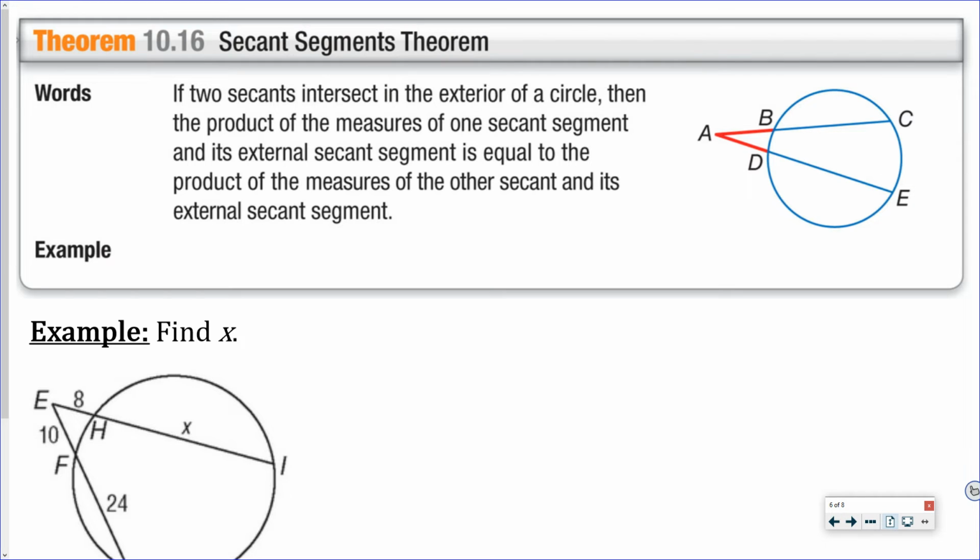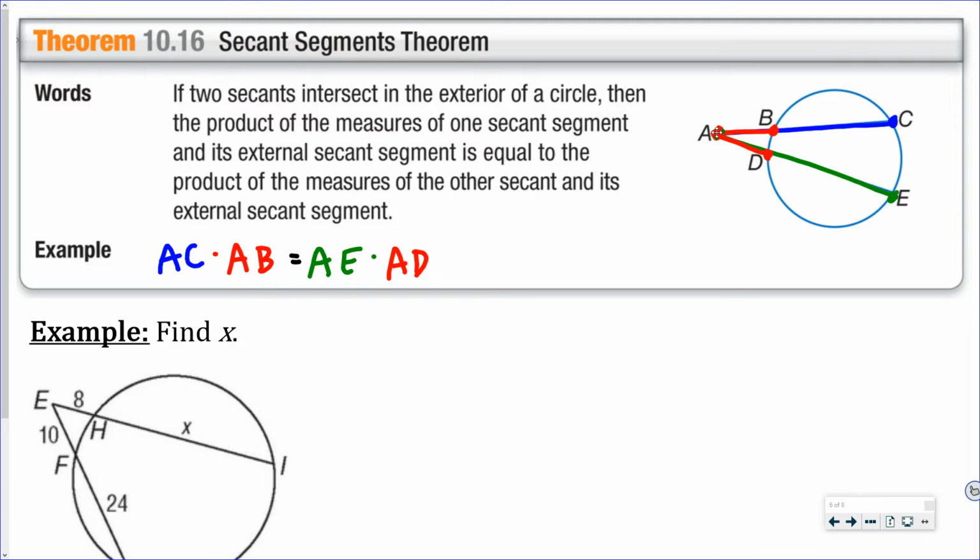So now this theorem says if they intersect outside the circle, the entire secant segment, so AC, and the product of the external piece, so AB, will be the same as the other secant segment. So this entire secant segment would be AE, the product of that, and the external piece, AD.